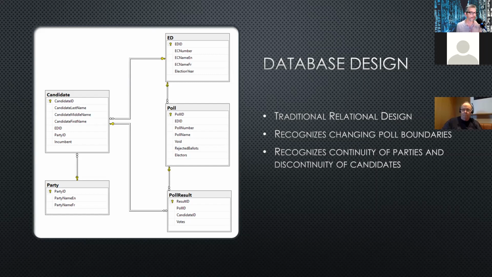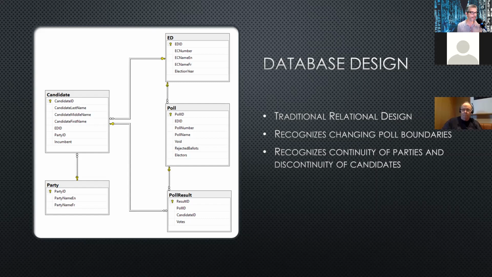And we also recognize that the electoral district can change between elections. So there is an election year column in the ED table, which represents the electoral district. That column is there to differentiate between a riding in 2015, a riding in 2019, and a riding in the future. They can be different.